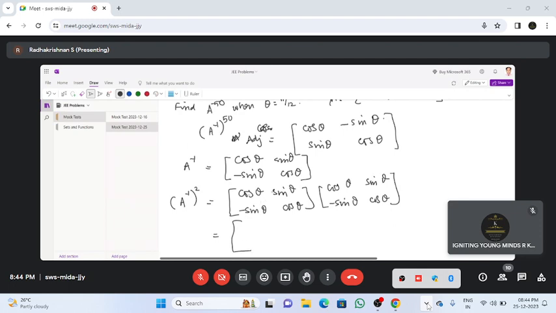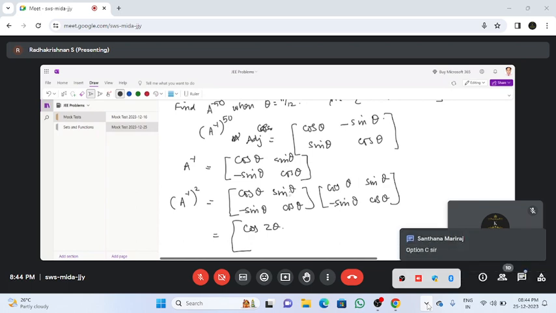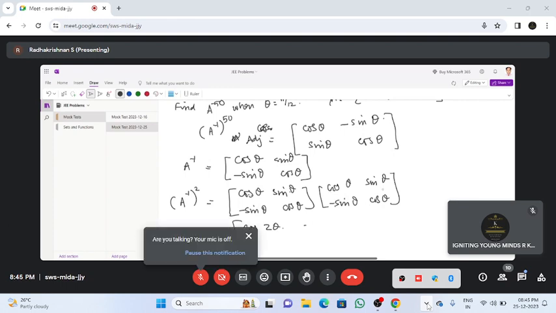So again, to square, cos square theta minus sin square theta, so you get cos 2 theta. இந்த term வந்து first into second இல்லையா? So cos theta sin theta plus sin theta cos theta, 2 sin theta cos theta. So that means this is sin 2 theta.